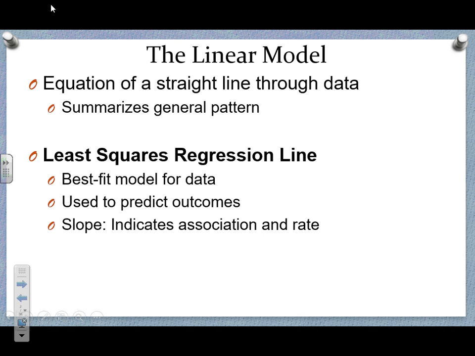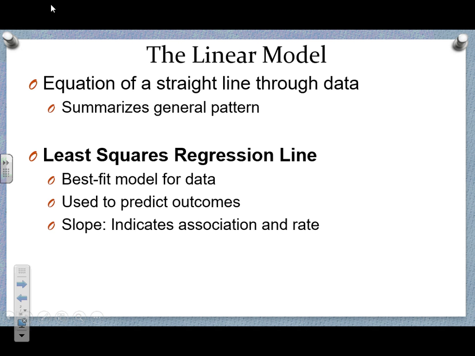So some terms you'll hear with that: you'll hear least squares regression line, or they might abbreviate it LSR. You'll see linear regression. You'll see the regression model. Okay, anything dealing with linear regression is talking about this regression line. So it's the line that best fits our data.